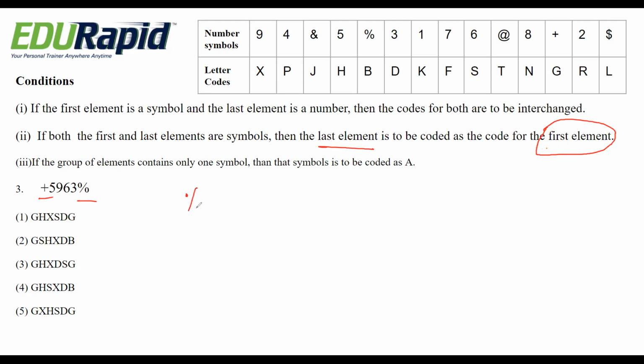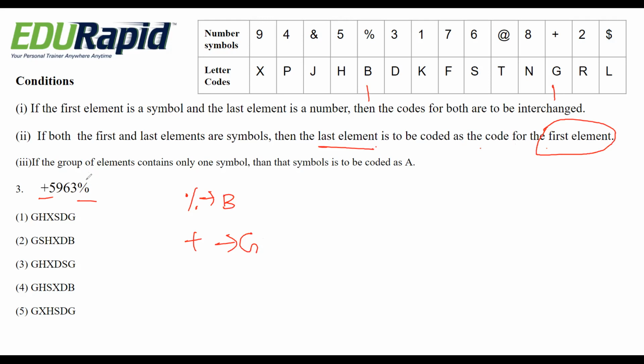For percentage, from the table it is coded as B. For the plus, from the table it is coded as G. Here they are telling the last element is to be coded as the code for the first element.